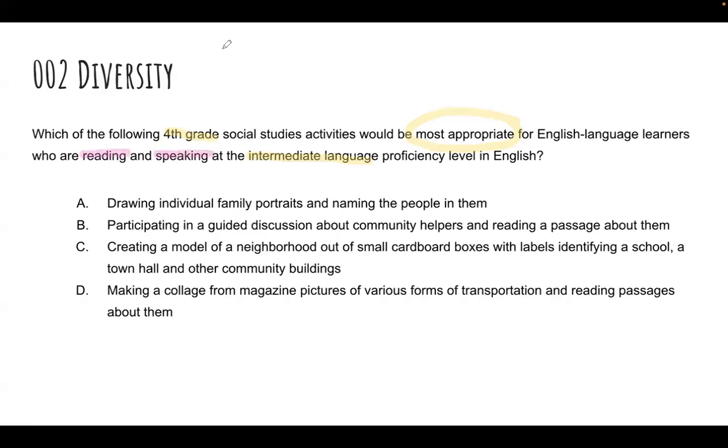In language, we have reading and writing, listening, speaking, right? These come first: listening, speaking, and then reading and writing. This is particularly asking about reading and speaking, and sometimes students are not careful readers on this critical reading exam, and they think, oh, this is a great answer choice.